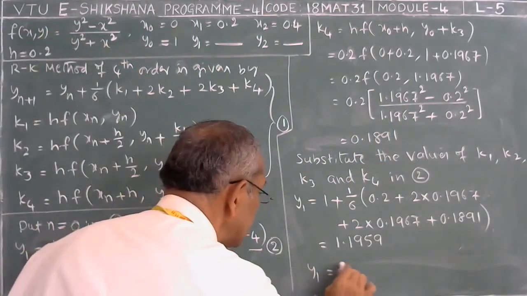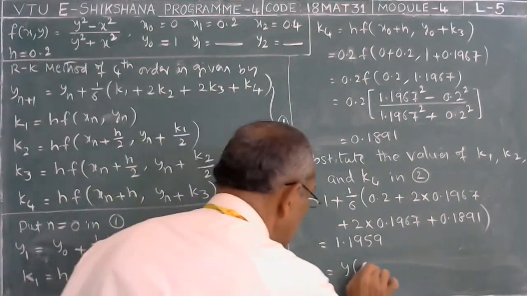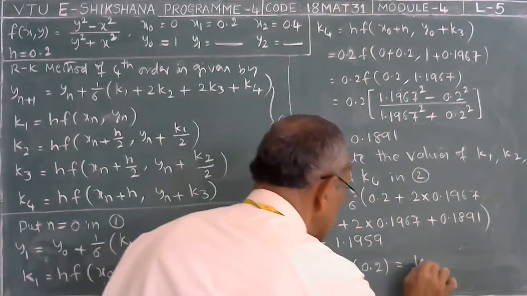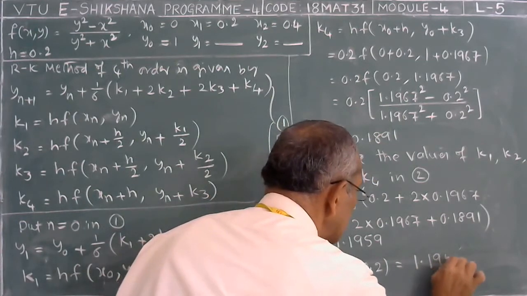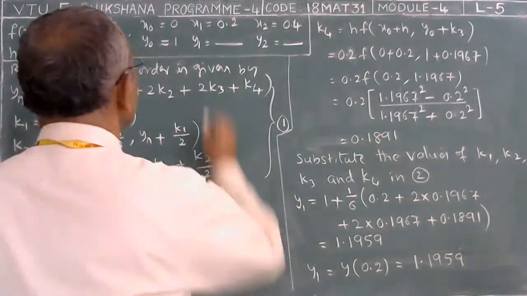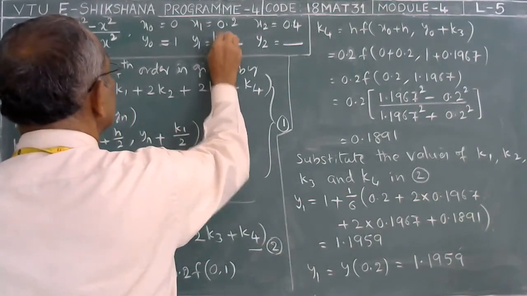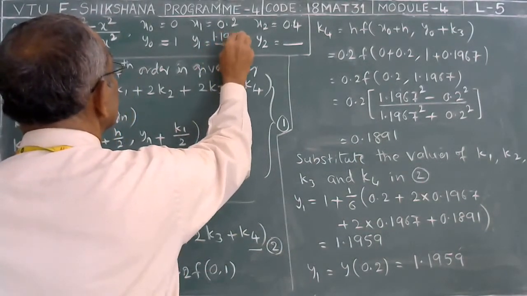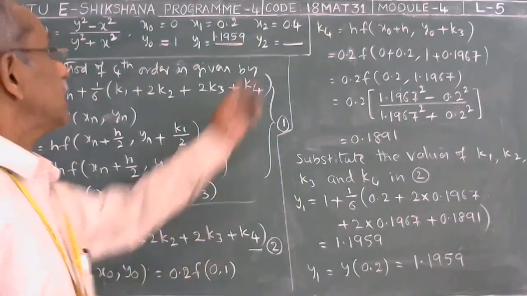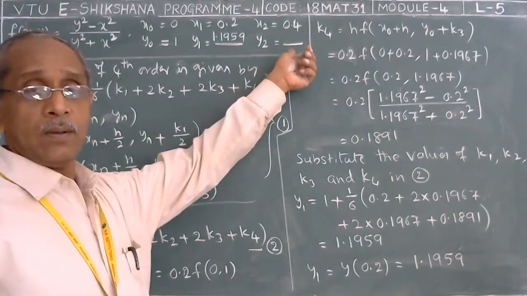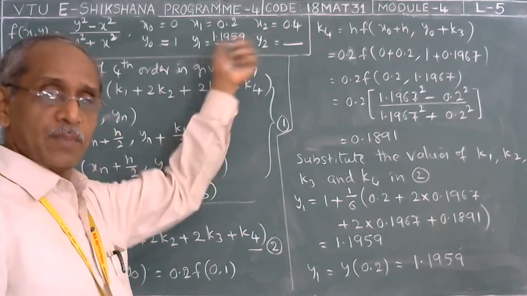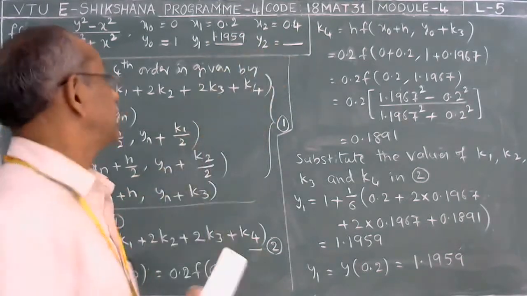Therefore, y1, the value of y at x is equal to 0.2, is equal to 1.195. Okay. So now I need to calculate y2 using the value of x1, y1, previous value, single step method.